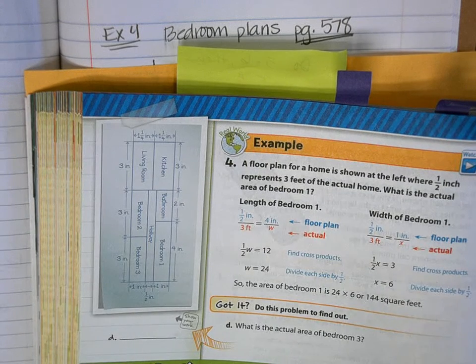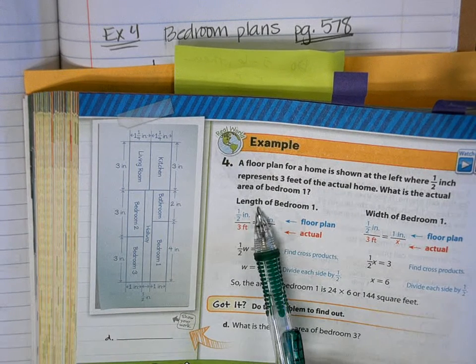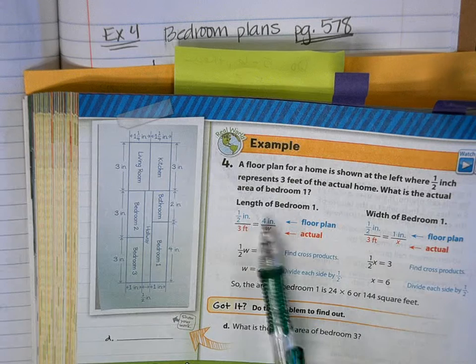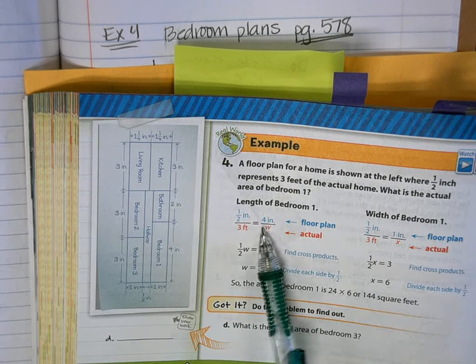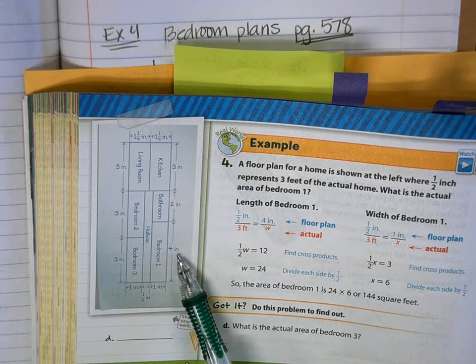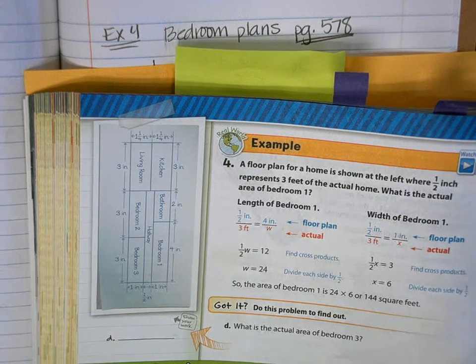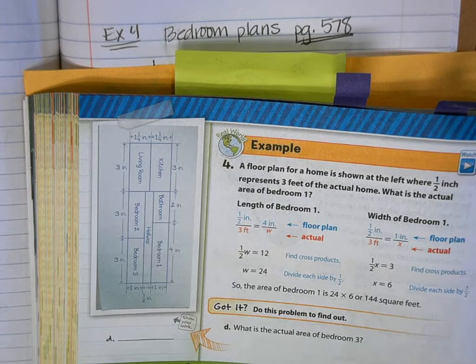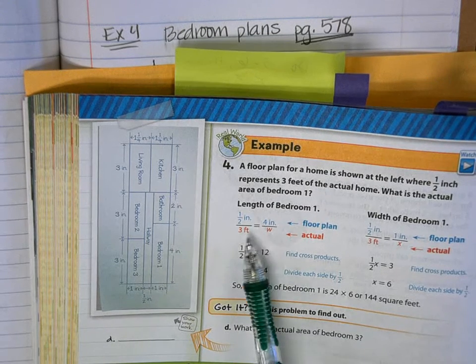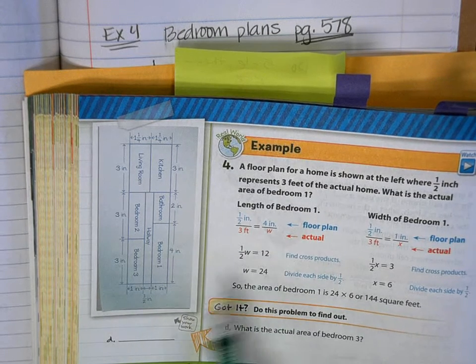Okay? So what they did for the length, they do separately from the width. The length, they would do 1/2 inch over 3 equals the 4 inches right here, over W for the missing piece. So this is just going to be cross multiplying and dividing. I'm going to show you in a minute.